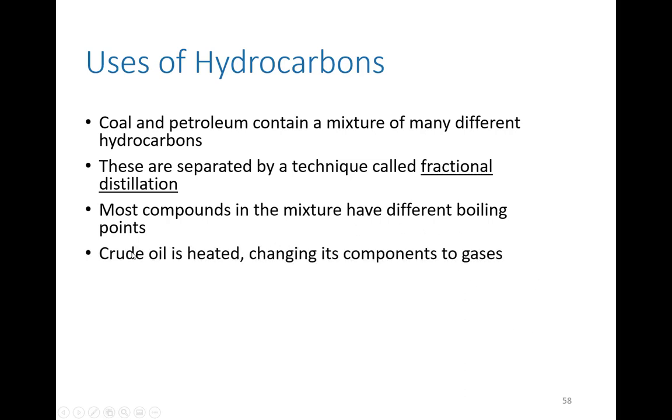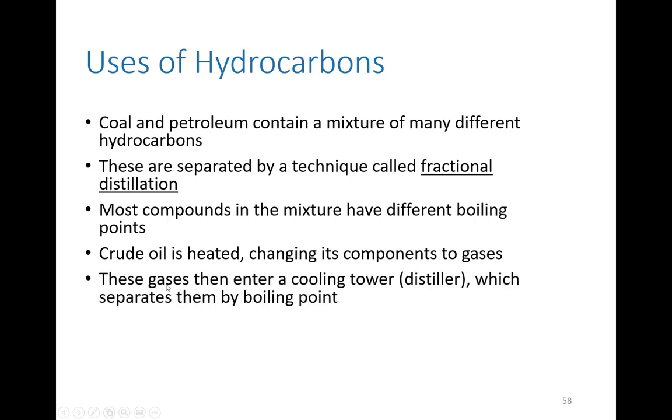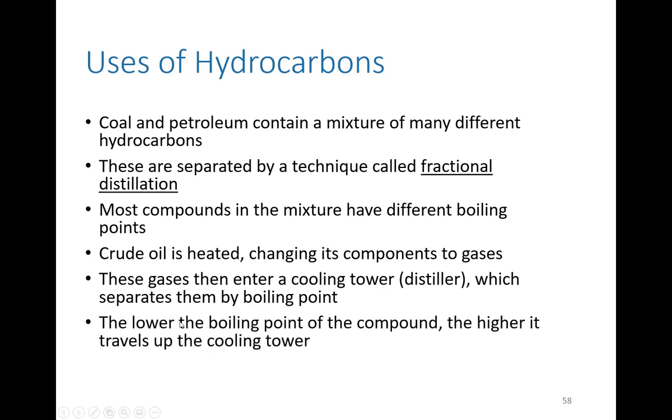Crude oil would be heated, and that would change everything into a gas. Those gases can be put in a very large cooling tower, and that will separate them out by their boiling point, with the lower boiling compounds traveling the highest up the cooling tower.